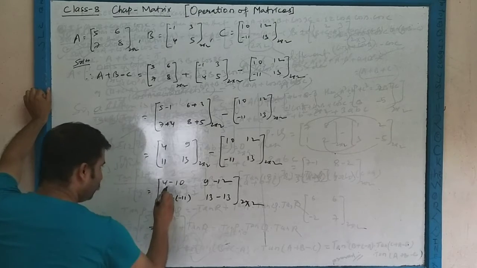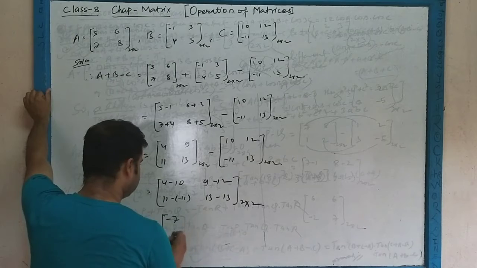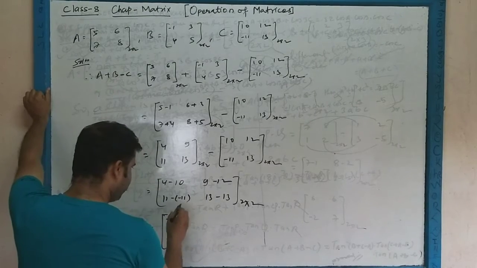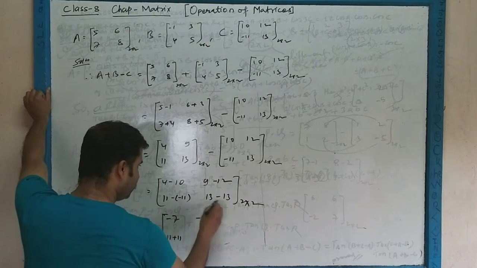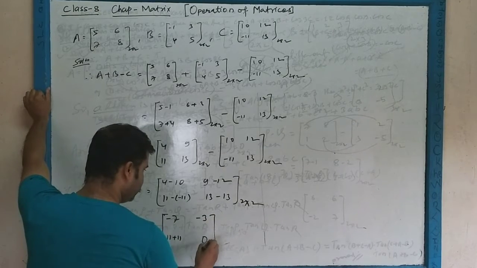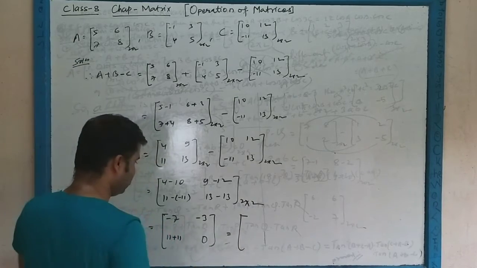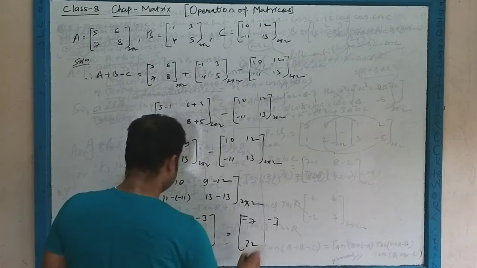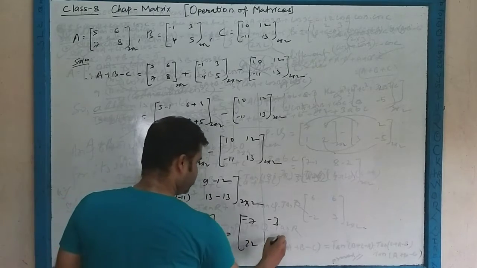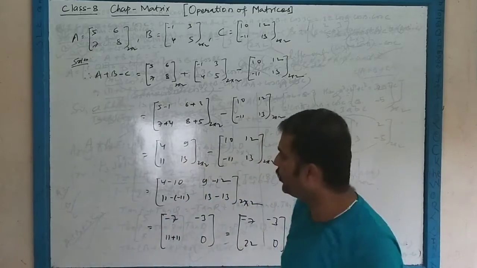So 4 minus 10 is minus 6, 9 minus 12 is minus 3, 11 plus 11 is 22, and this is 0. The order is 2 by 2. In this way you can solve the problem.